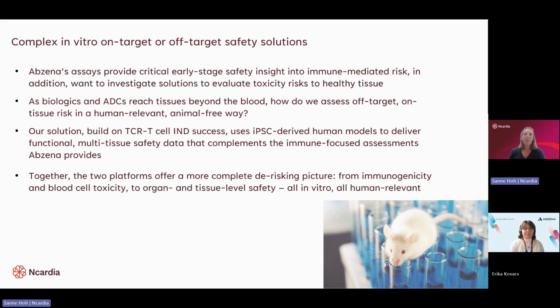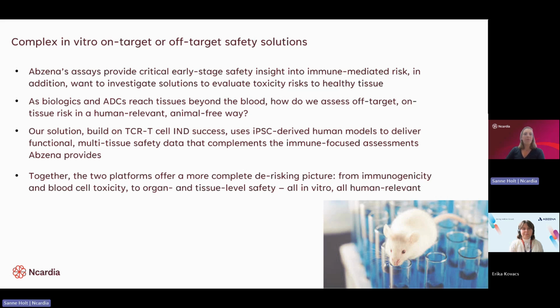We built a platform based on TCR T-cell therapies, where they've shown really strong IND success with purely in vitro safety testing, because specifically in this field, it's really hard to find translatable animal models. We believe that we can learn from these lessons and successes and fill that gap and utilize this for ADCs and the antibody space as well.